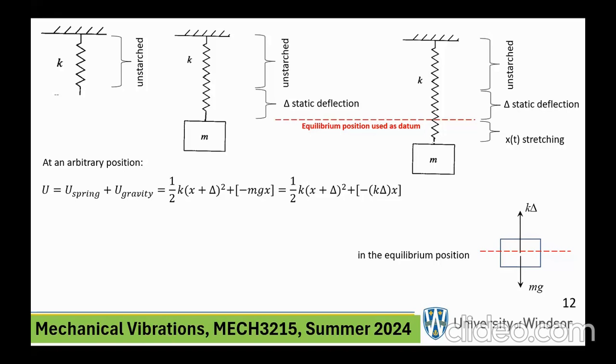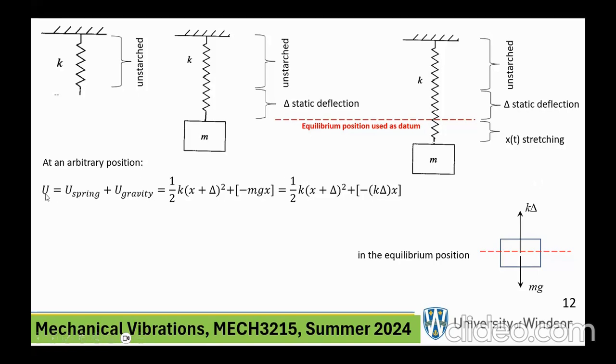The first one is looking at the total potential energy and calculating it at the equilibrium position, okay, at this position, and then calculating it at the position stretched by x, and saying that because energy is constant, the two expressions at the equilibrium position and at the stretched position must be the same. So this is one way of doing it, and that's what this derivation will show you.